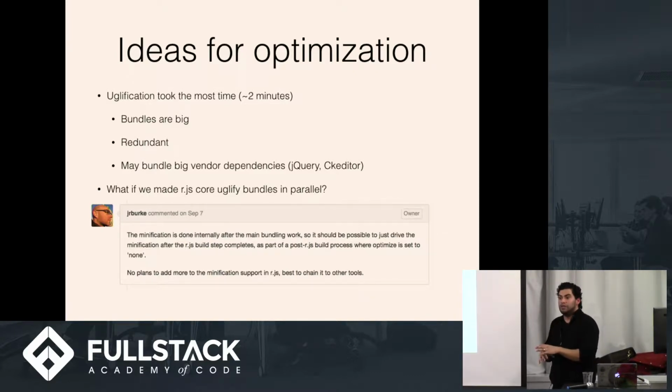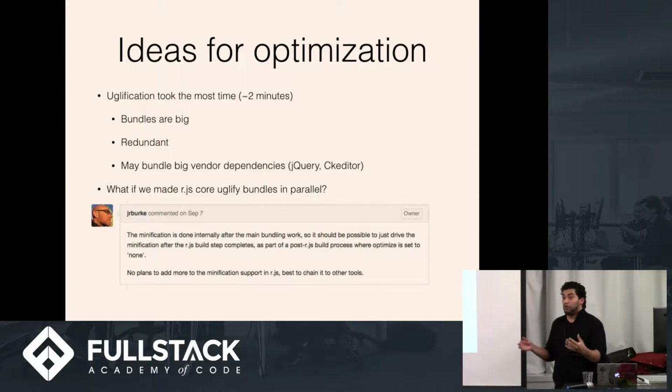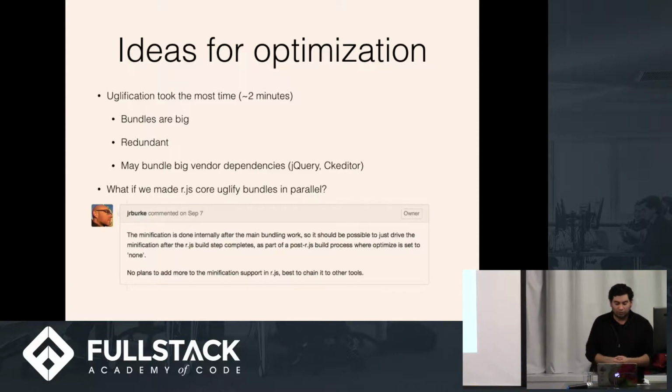So the higher up it goes to look at your code, the better off the optimization. And that takes a very, very long time as your bundle grows and grows. So that's why uglification was really, really slow.